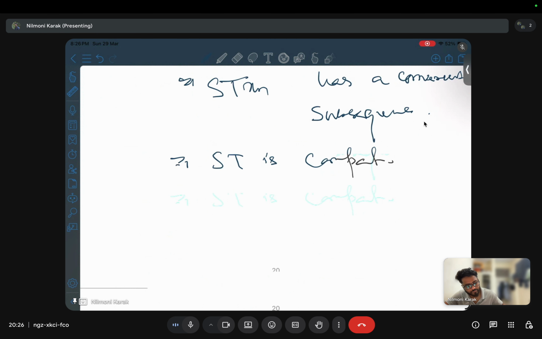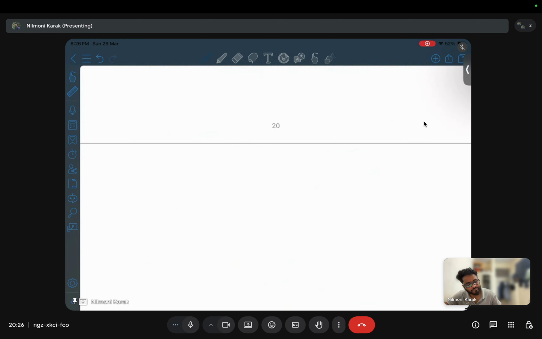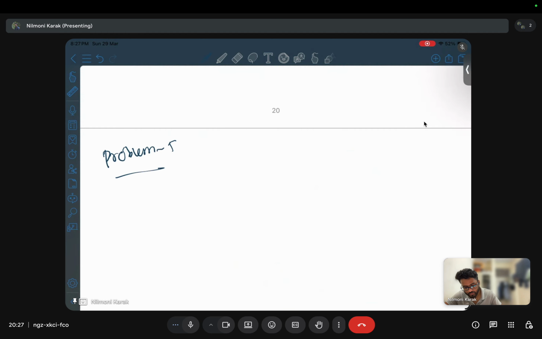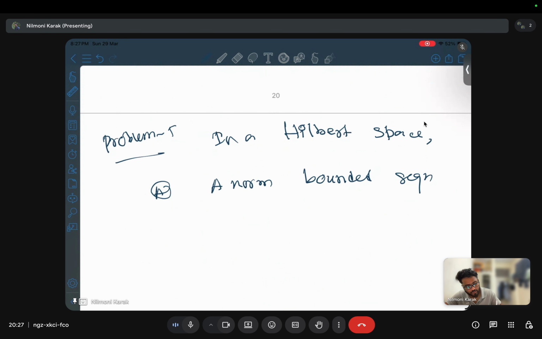Next problem, problem 5. In a Hilbert space: a norm-bounded sequence always has a norm-convergent subsequence.